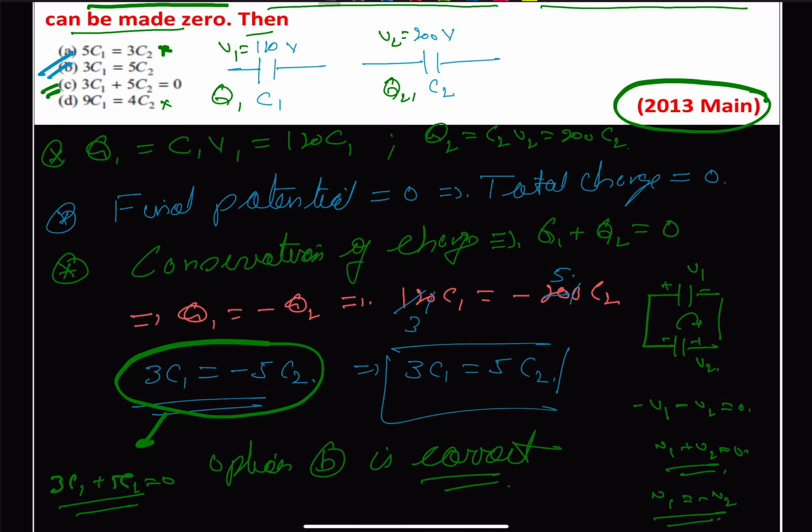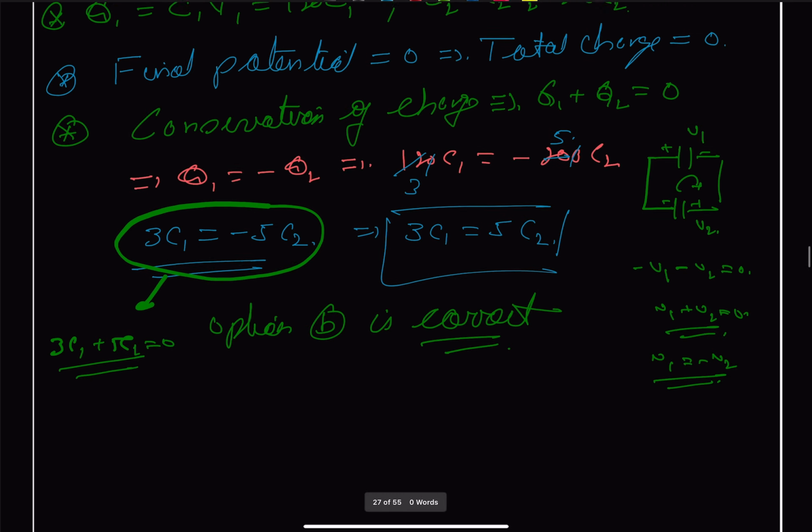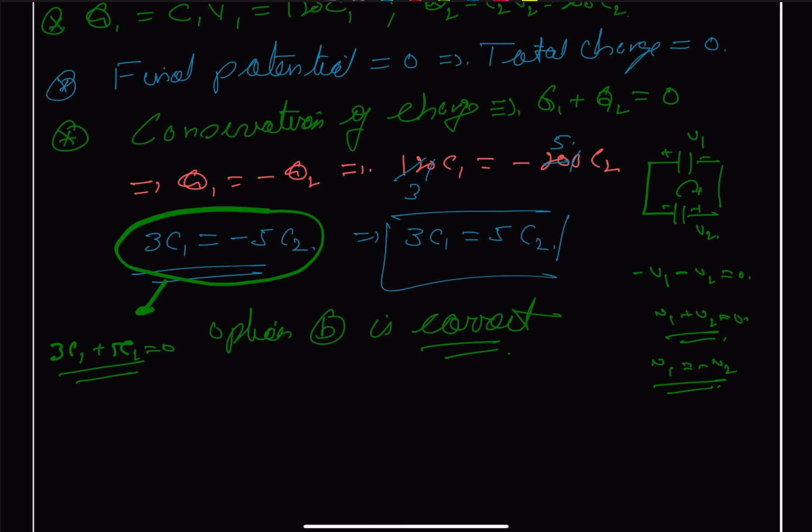But this is not the correct option, so I have to make some correction in it, and that correction is that the charge will be equal to minus of minus. So we can put a minus here. This comes as minus of minus, that will be plus, and this will hold.